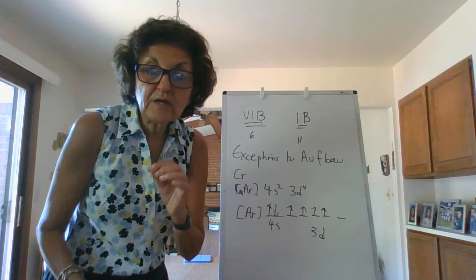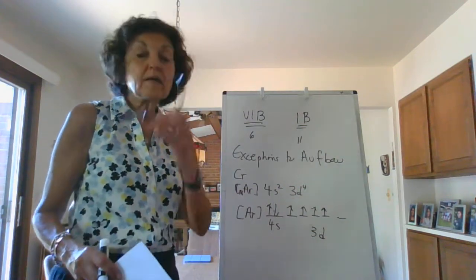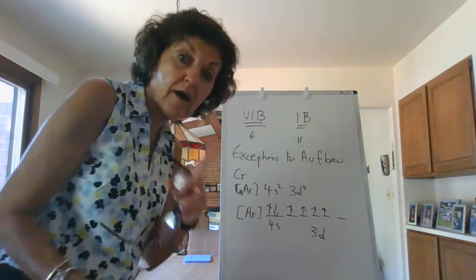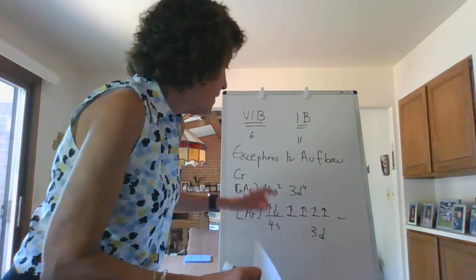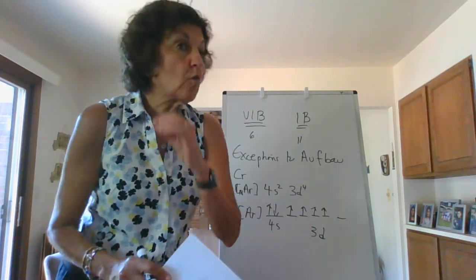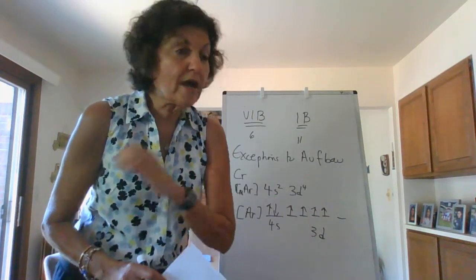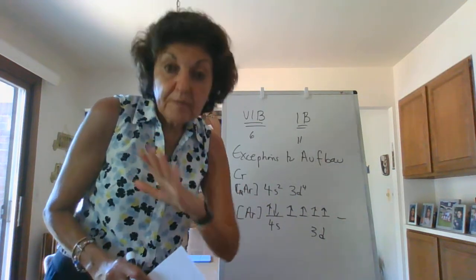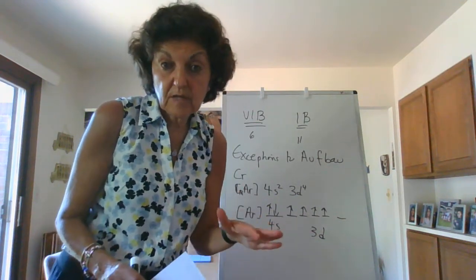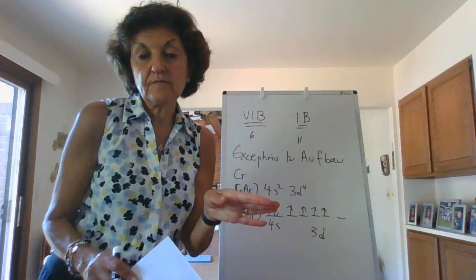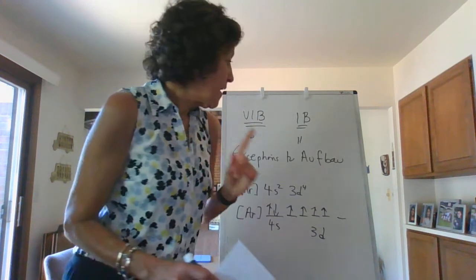But I just got through telling you that this whole group is an exception to Aufbau. Why is there an exception in this group? Because orbitals are more stable, or electrons are more stable, or atoms are more stable, think of it that way, if they have completely filled subshells or half-filled. What does that mean?